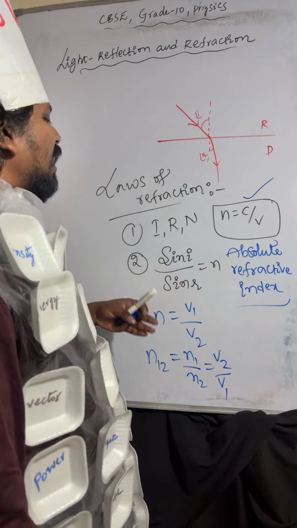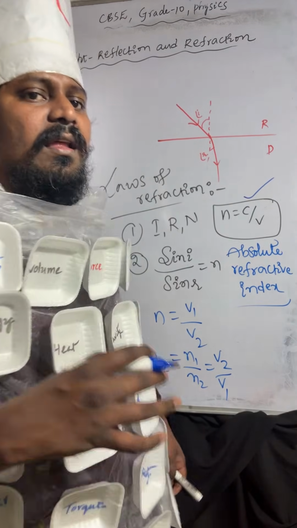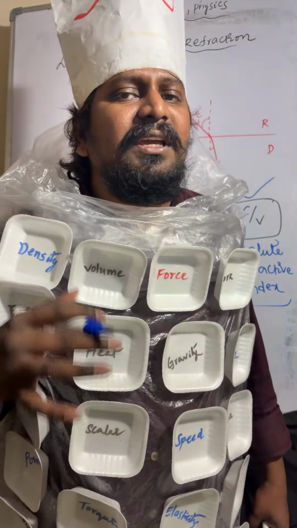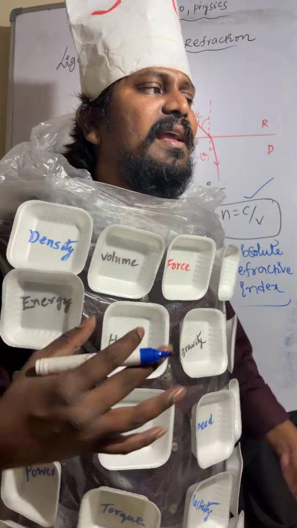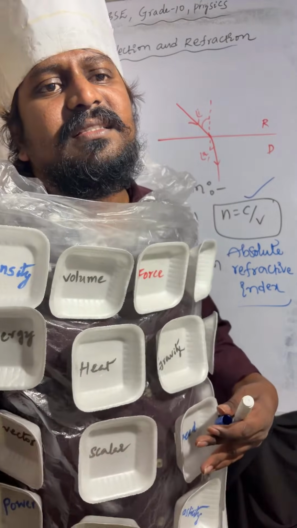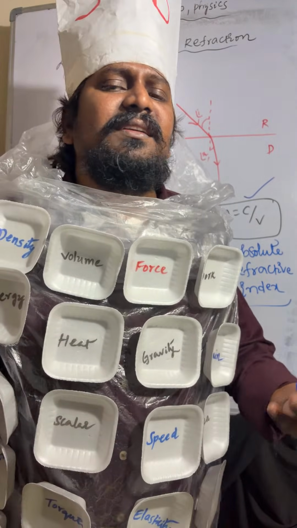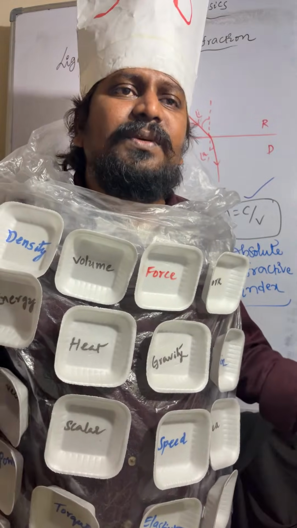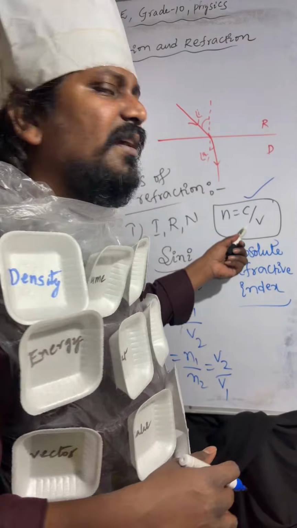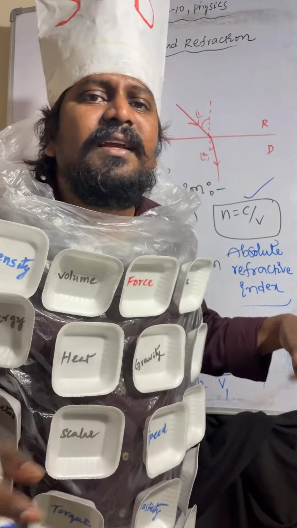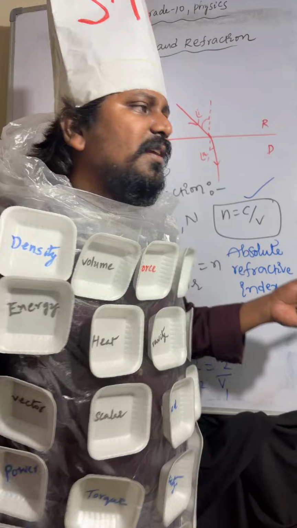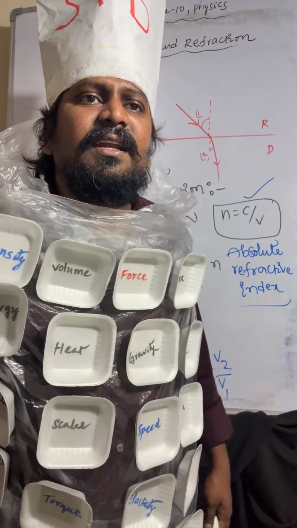This is called relative refractive index. What is absolute refractive index? The speed of light in vacuum divided by the speed of light in the medium.